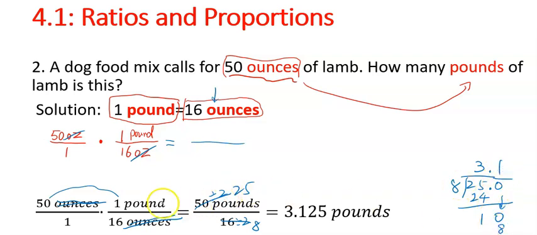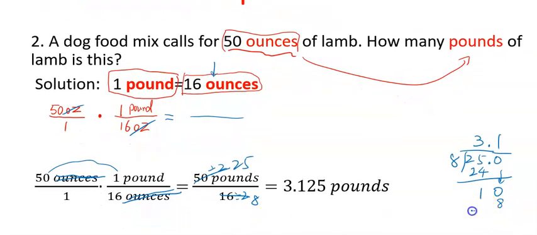So we have 8 here. And then we subtract again to get 2, and then add another 0, bring it down. 8 goes into 20 2 times, and finally we have 4 and then add another 0, bring down 0, and 8 goes into 40 exactly 5 times. So that's how I got 3.125.